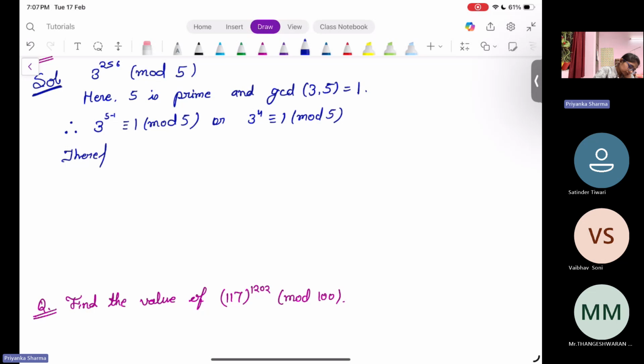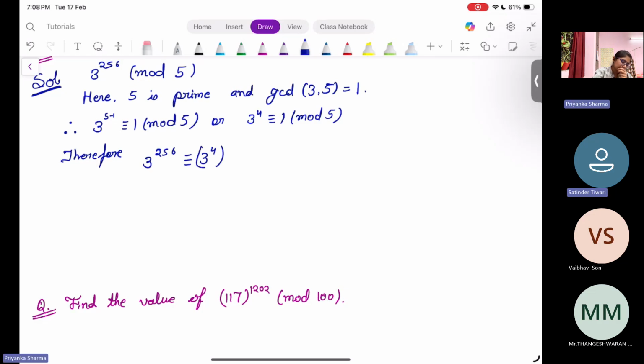Therefore 3 to the power 256 is equal to 3 power 4, whole power 64.